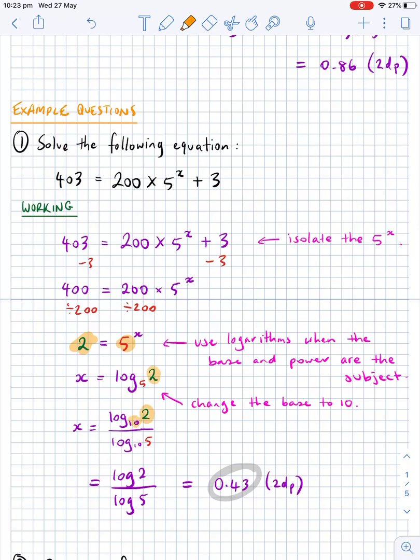So you've got to remember that 2 goes up the top, 5 goes down the bottom, each with their own log. And this in the calculator is log 2 over log 5, which equals 0.43, which is our desired value of x. Make sure you check it. You can put all this into your calculator with x being 0.43, and it should equal 403.